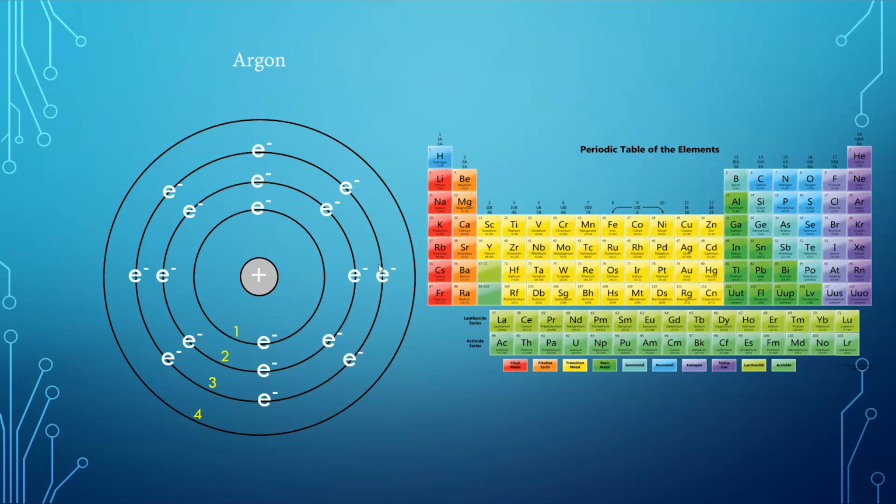However, there's a pattern that you may have observed when we've been going through and filling up these elements. As we go through each energy level in the atom, we're also going through a period in the periodic table. We filled hydrogen and helium in energy level number 1, which also comprises period number 1 on the periodic table.